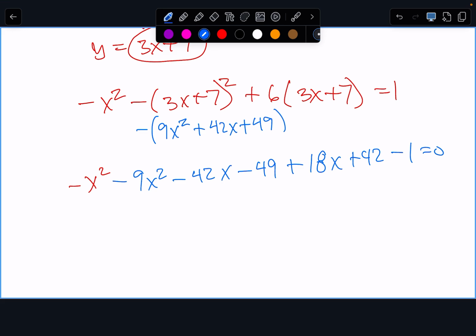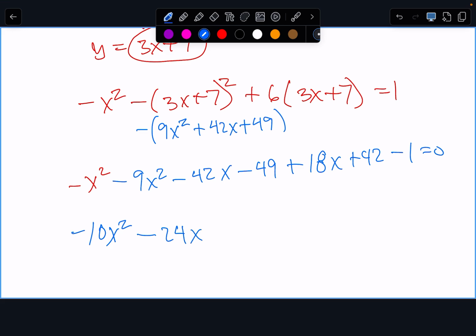9x squared, that's negative 10x squared. 42 and negative 42 and 18. Negative 24x.